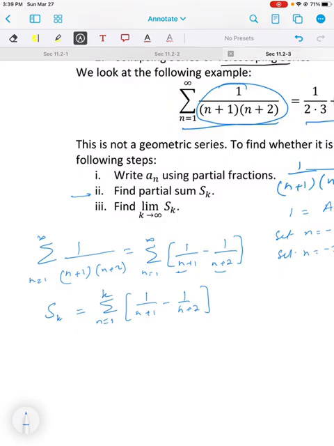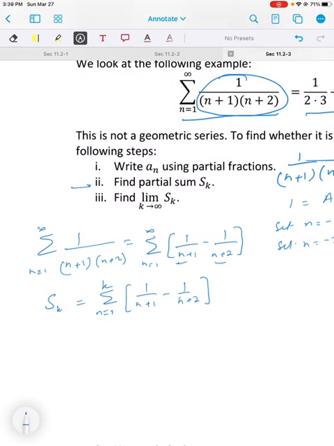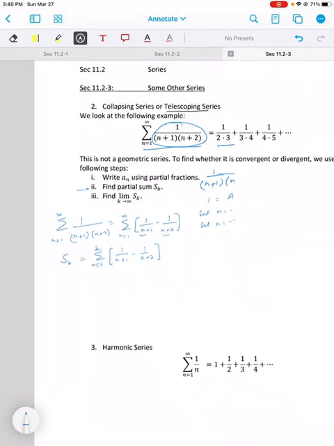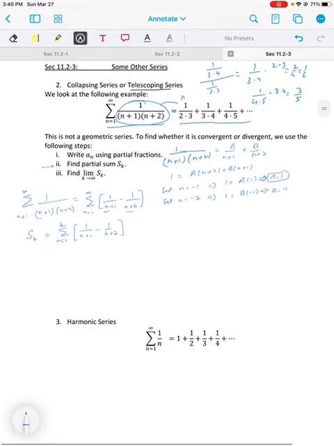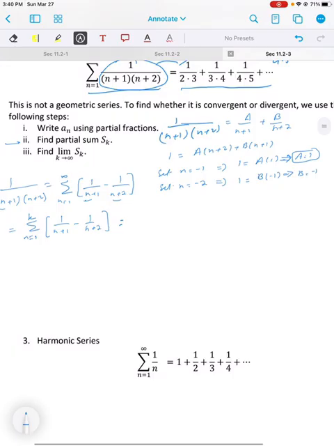This is our series, and now we expand it. Instead of expanding it like we had it in the beginning, we expand it now.